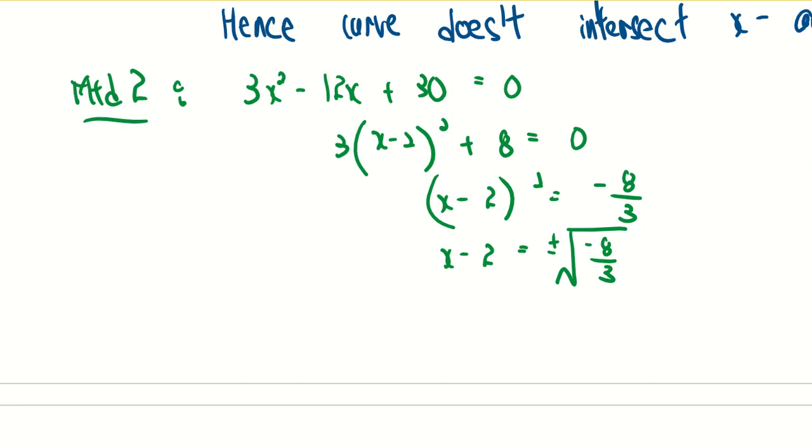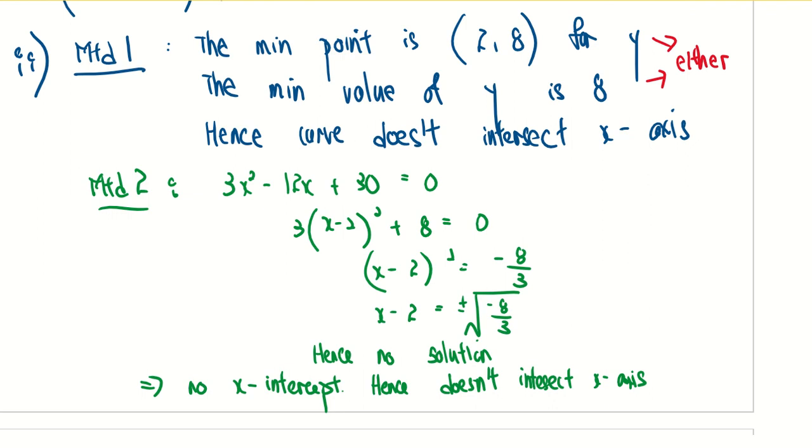Using what we did in part 1, you realize that we cannot square root a negative value, hence no solution. Since there's no solution, this means that there is no x-intercept. Hence, the curve doesn't intersect the x-axis. So part 2 has a few ways of doing the explanation.